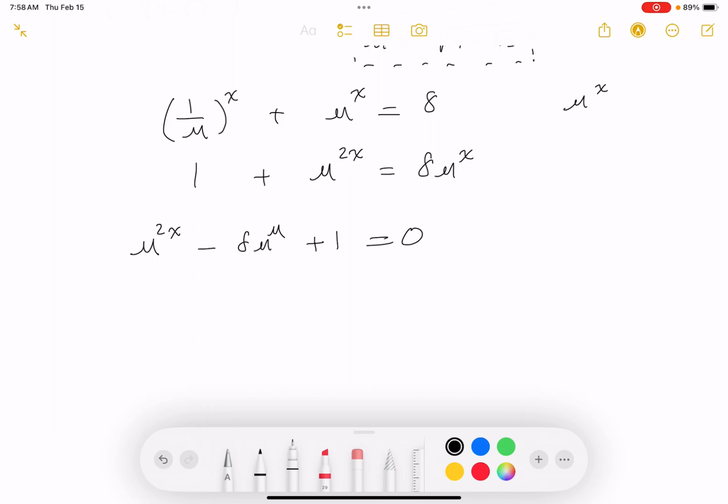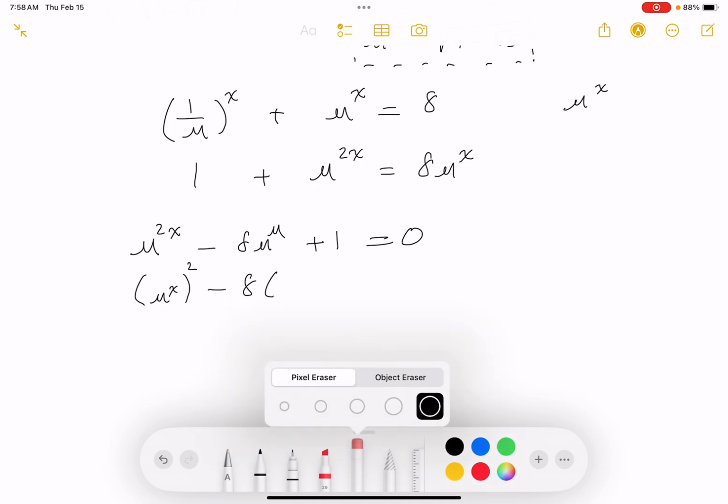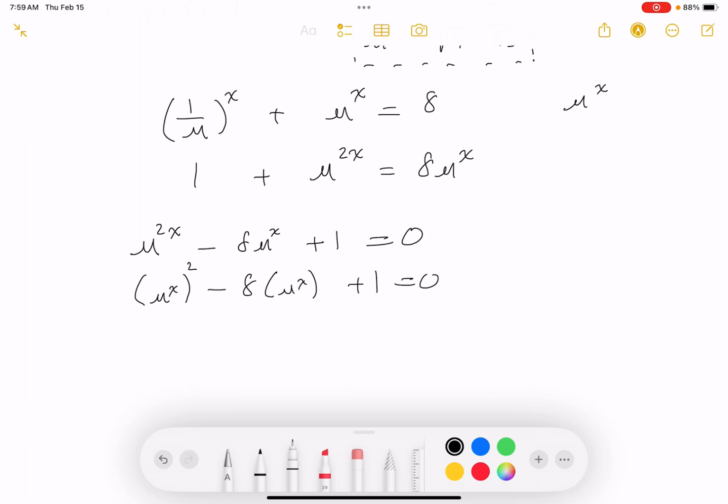And then I would probably go to the quadratic formula, all right? The problem with this over here is it's quadratic in form, and I'll tell you what it is. It's really u to the x squared minus, I'm sorry, I made a mistake in the writing department. Let me get my eraser out. u to the x squared minus 8 u to the x plus 1 equals 0. So quadratic formula, u to the x, kind of crazy looking, isn't it?